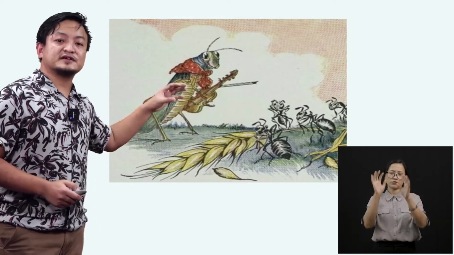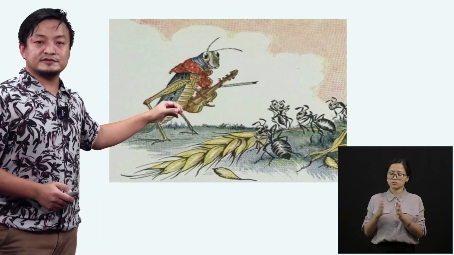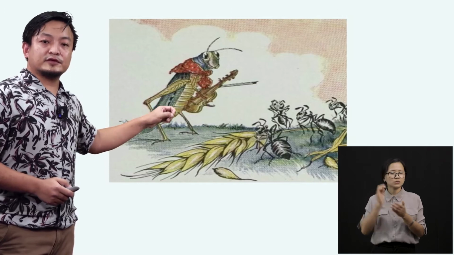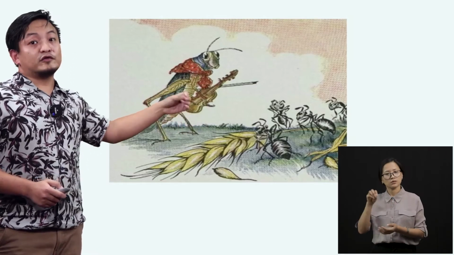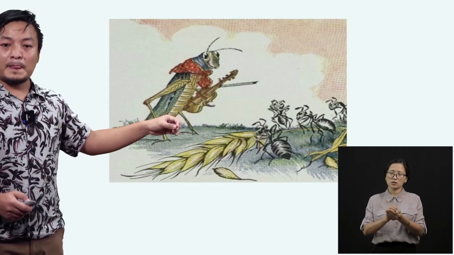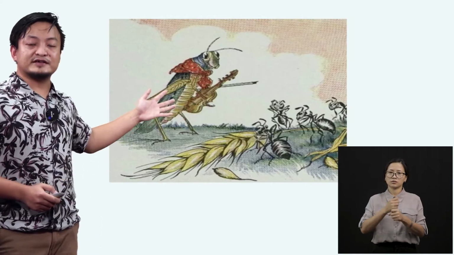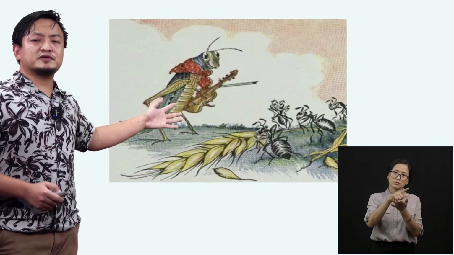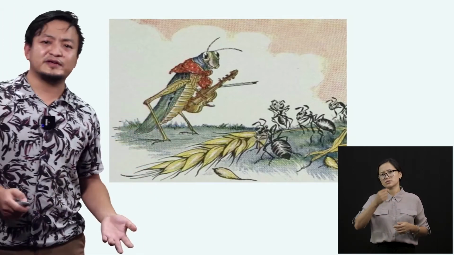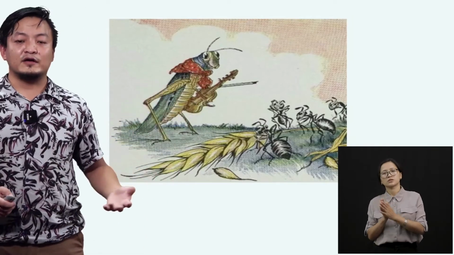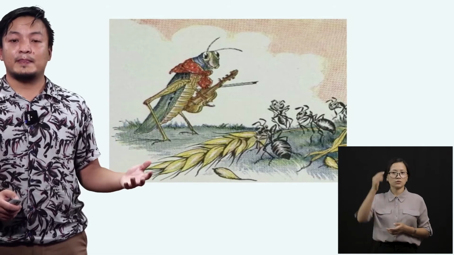They're busy collecting all the food, storing it, okay, storing it for the long cold winter. And you can see the grasshopper here, very lazy, right? So the grasshopper was singing, again sleeping, just making fun of all these ants.